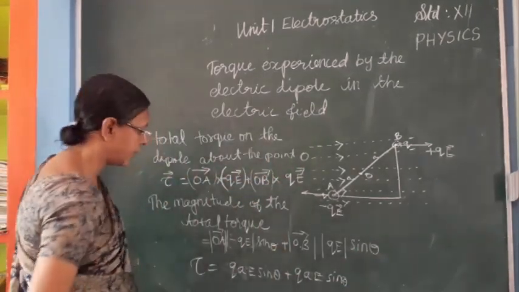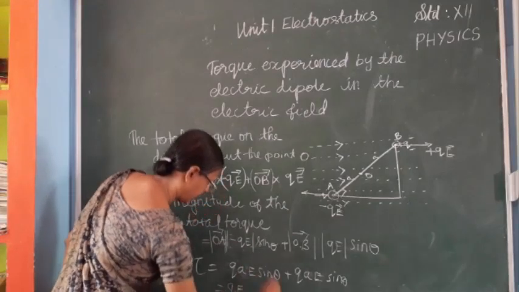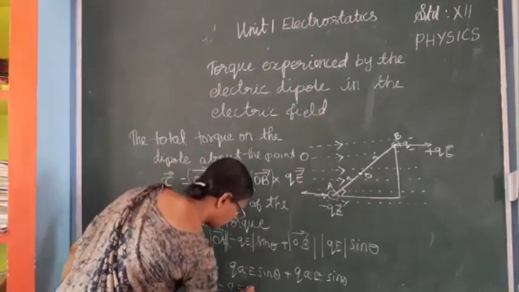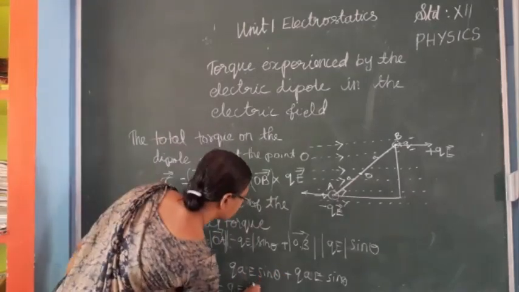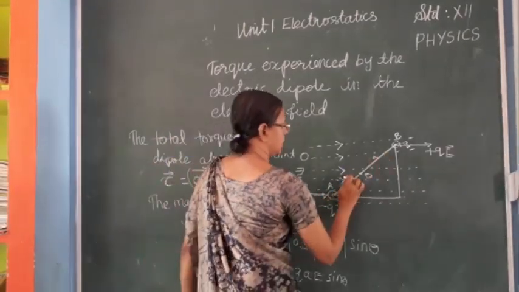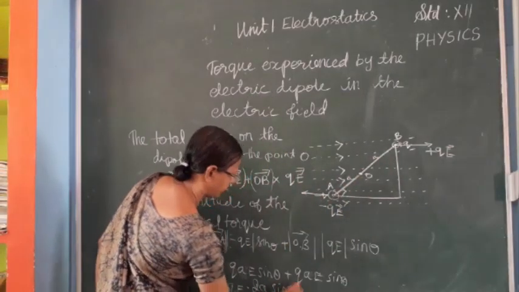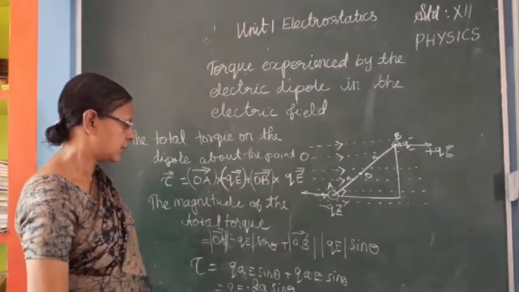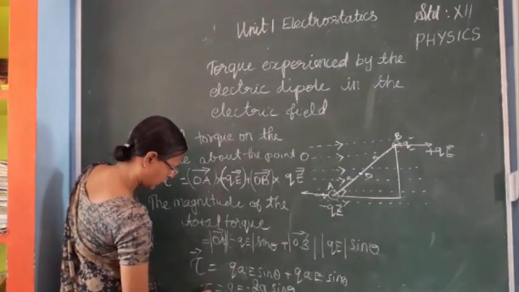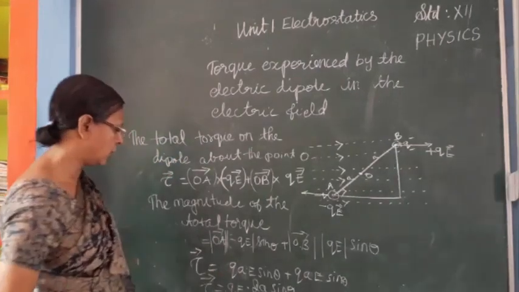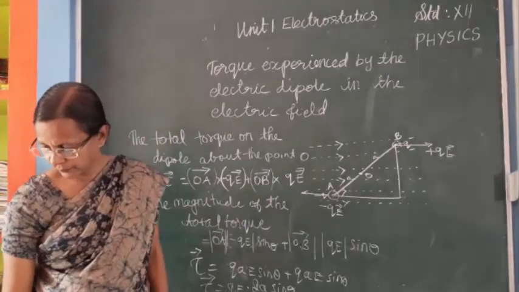Okay, so we can write QE into A plus A, 2A, so 2A sin theta. This is the final formula for this term: tau is equal to QE 2A sin theta.